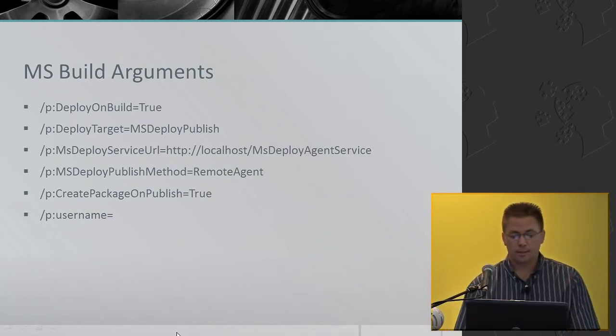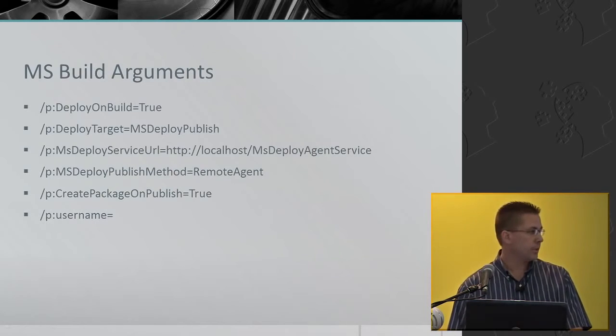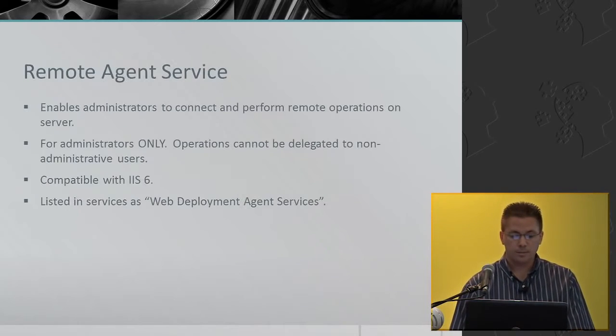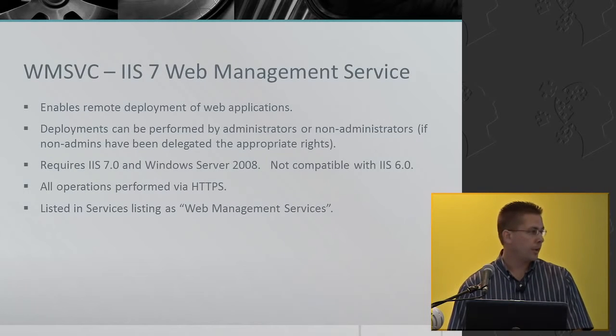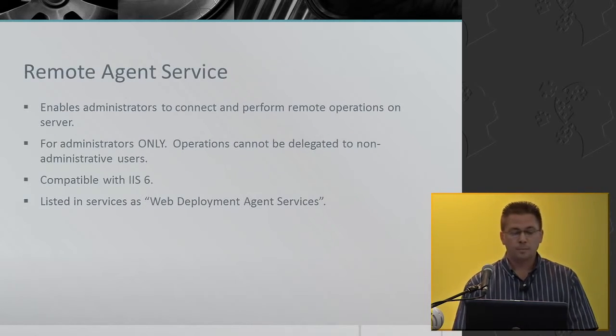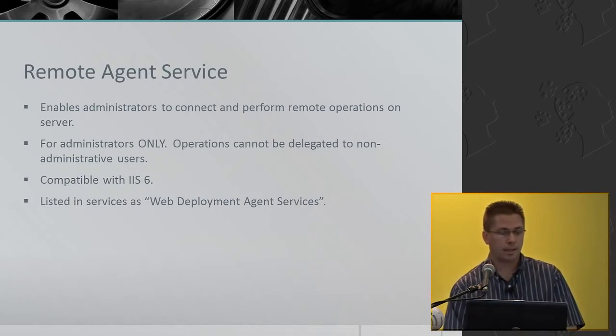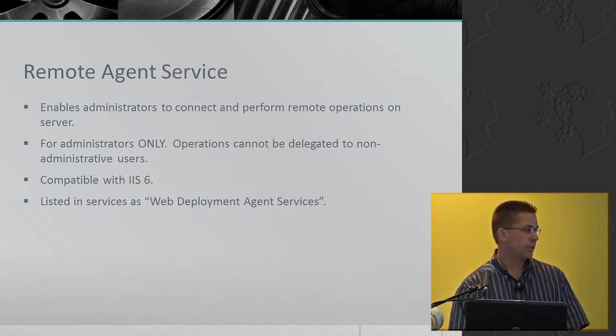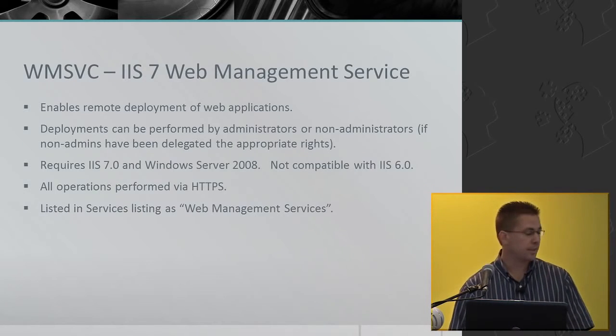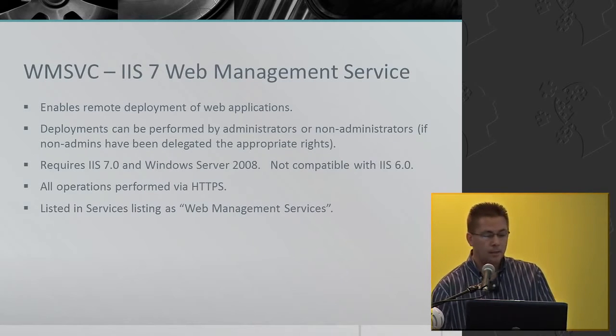For your publish method, you have two ways of publishing your web applications. You have the Remote Agent service, and you have something called WMSVC. If you are deploying to an older version of IIS, such as IIS 6, you have to use the Remote Agent service, because the newer service, WMSVC, is not compatible with it.